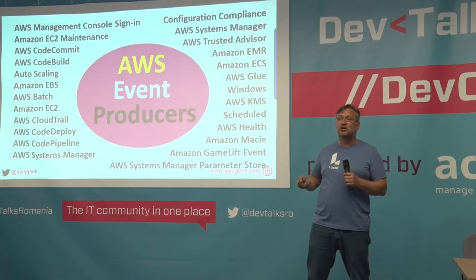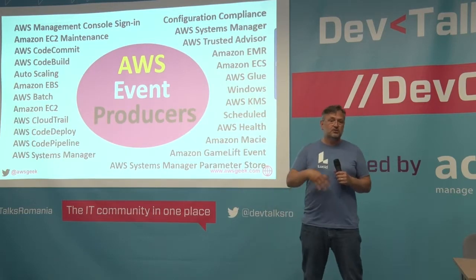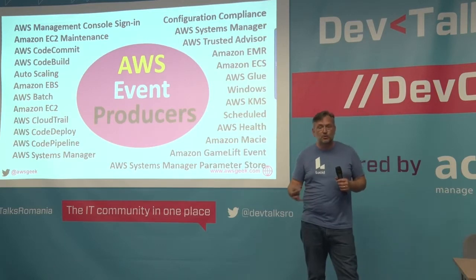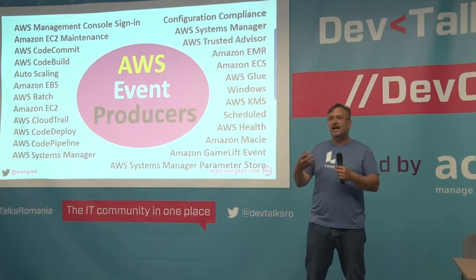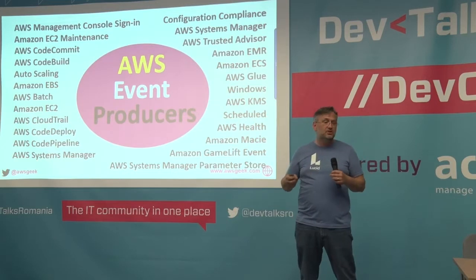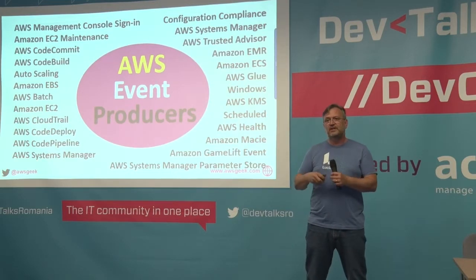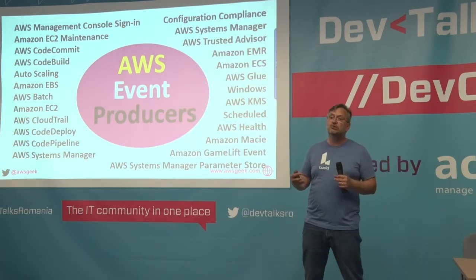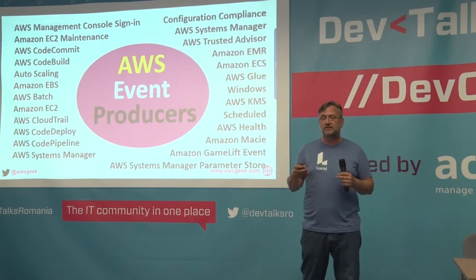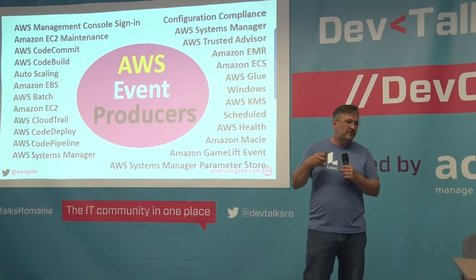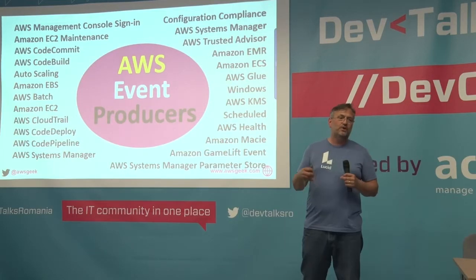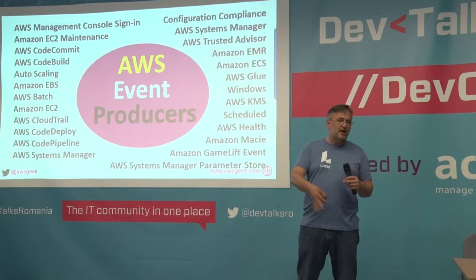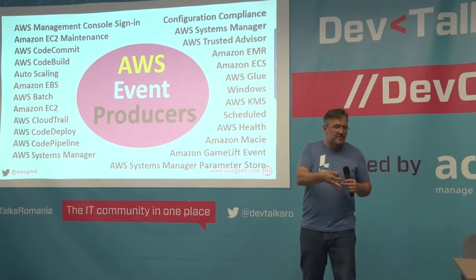Different services can generate events in their system, like AWS CodeBuild. If you're building an application using CodeBuild, it can generate events based on different states that it goes through. Amazon EC2 can be used to generate events when instances start or stop or are terminated. You can also use any number of these, like ECS for container type applications.